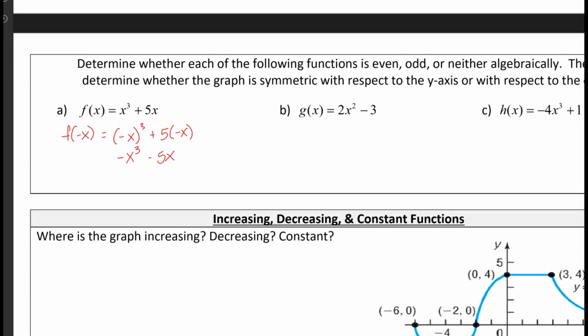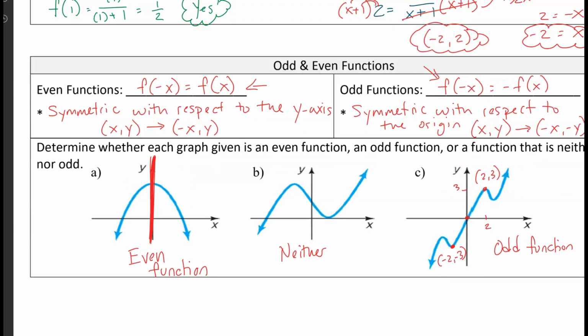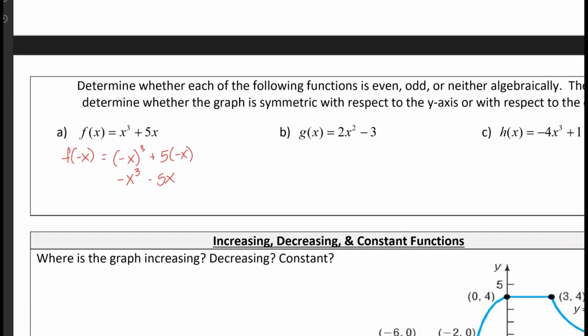Now, in our odd definition, we have to find both f of negative x, which, oh my gosh, we just found. All we now need to find is negative f of x. This means we're negating the entire original function. We're putting a negative out in front.